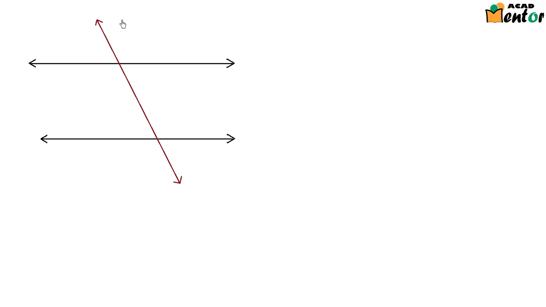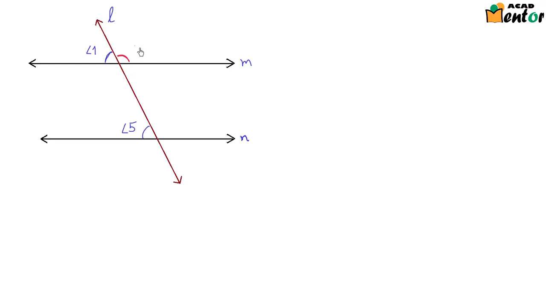So here we have the figure again. Let this be L, M and N. We see that there are four angles formed when L intersects M, and similarly four angles formed when N intersects L. Let me just name them. So if this was angle 1, let me call this angle 5. I'll use different colors for different angles.